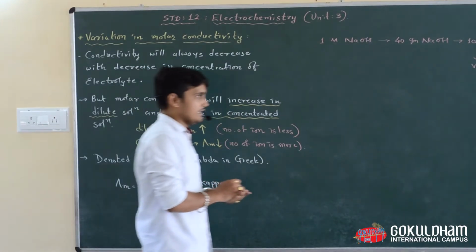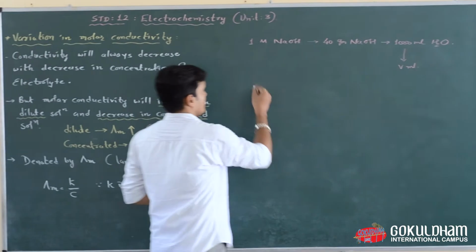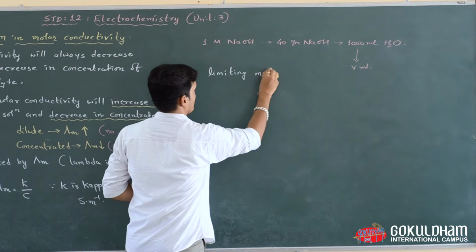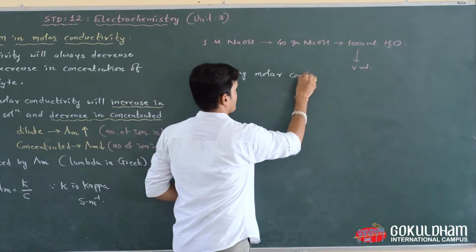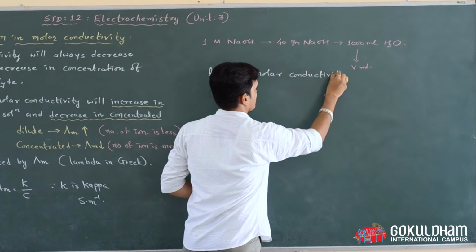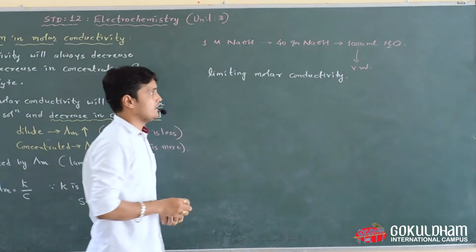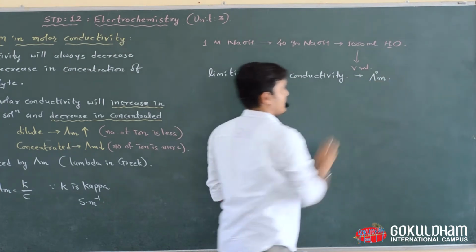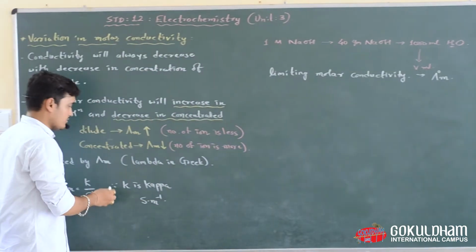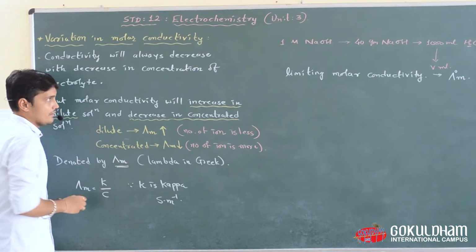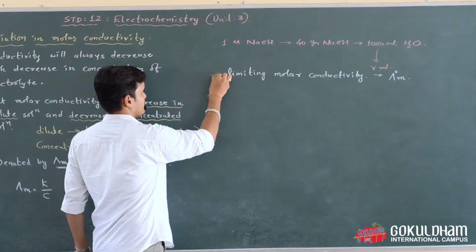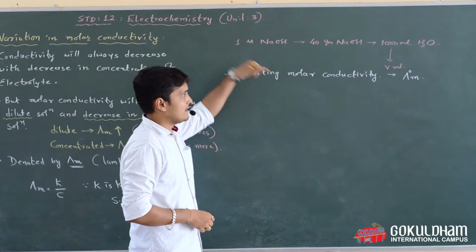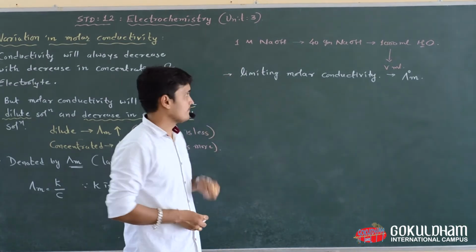This molar conductivity is known as limiting molar conductivity, and it is denoted by lambda 0 m. The molar conductivity is known as lambda m, and limiting molar conductivity is known as lambda 0 m. Limiting means extremely dilute solution.